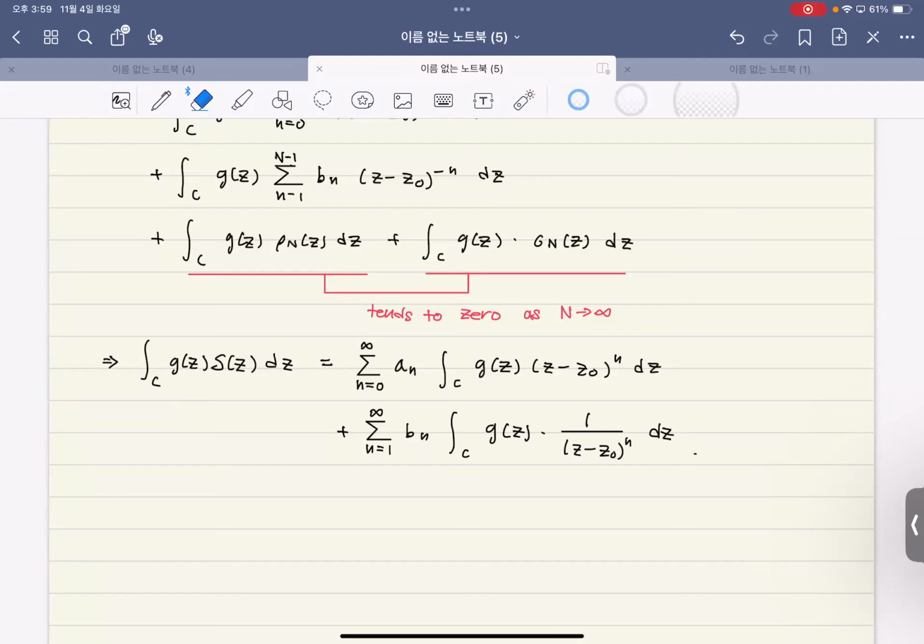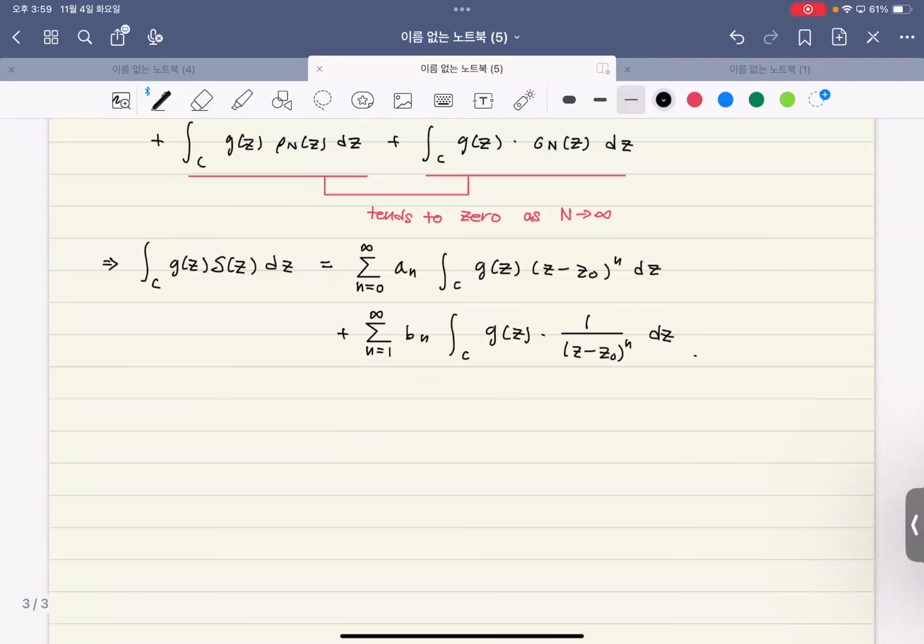Okay, so now what? All right, and we have to remember that this equality is true for all such continuous functions on C. So maybe we let 1 over 2 pi i times (z minus z0) raised to the power of m plus 1.